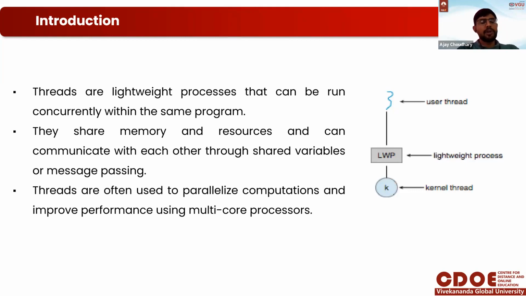These small processes are called threads. So that explains what a thread is. Threads are lightweight, which means a thread is a part of a process. Here we display a diagram.